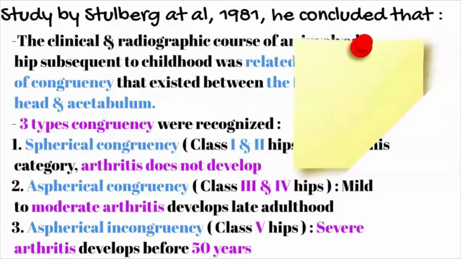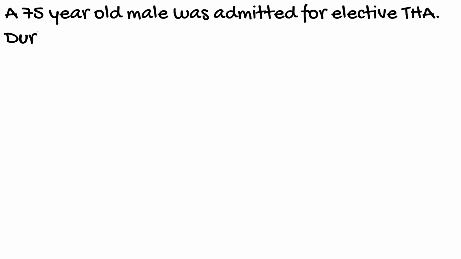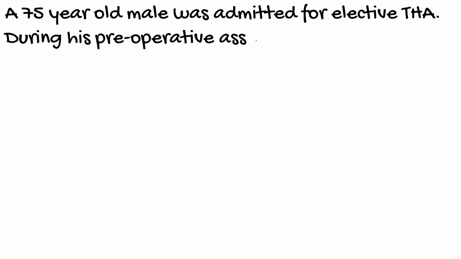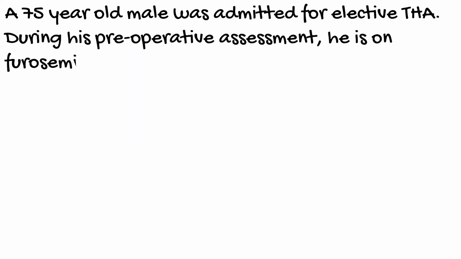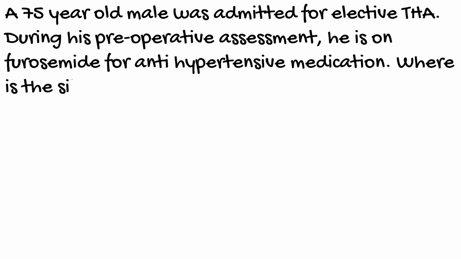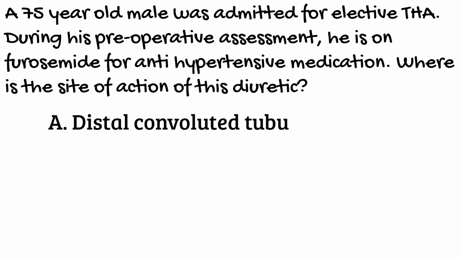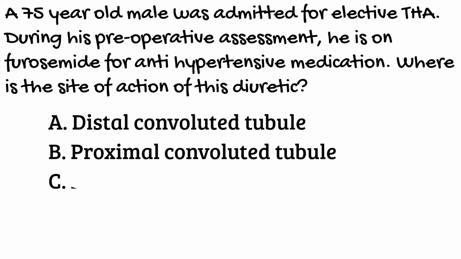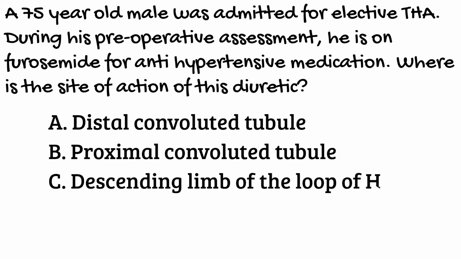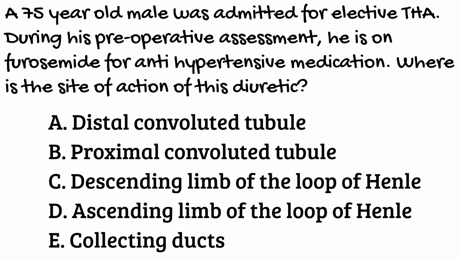Okay then, thank you. A 75-year-old male was admitted for elective total hip arthroplasty. During his pre-operative assessment, he is on furosemide as antihypertensive medication. Where is the site of action of this diuretic? A. Distal convoluted tubule, B. Proximal convoluted tubule, C. Descending limb of the loop of Henle, D. Ascending limb of the loop of Henle, E. Collecting ducts.